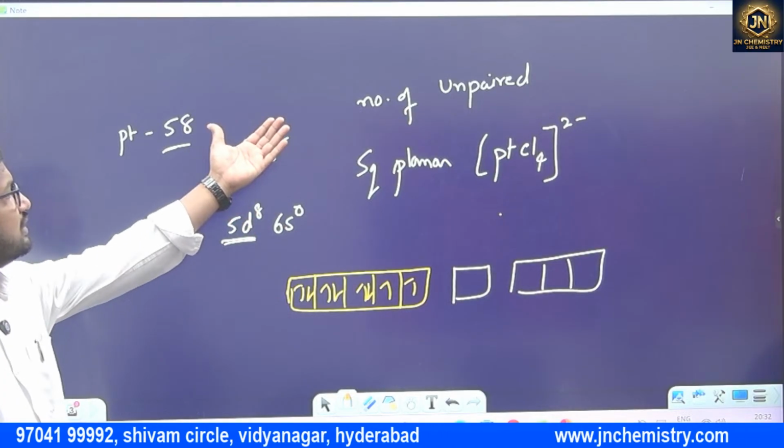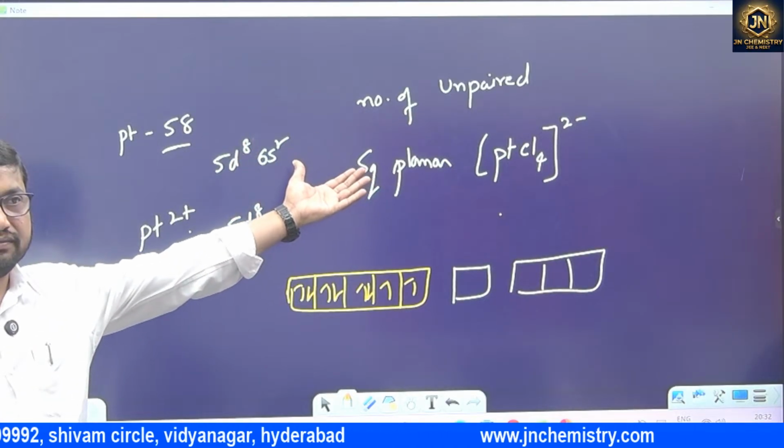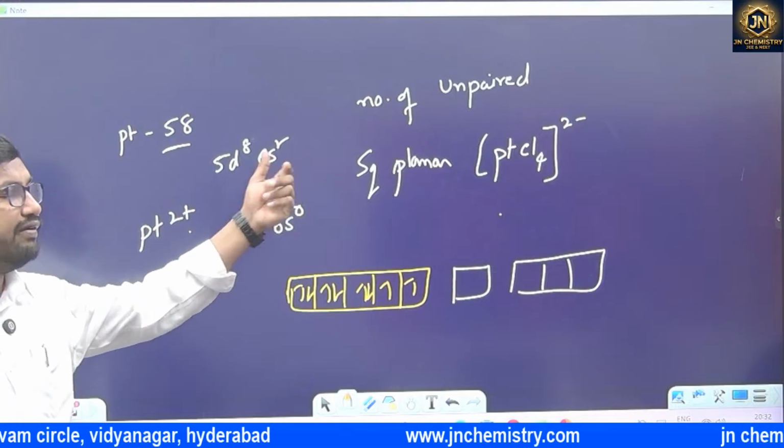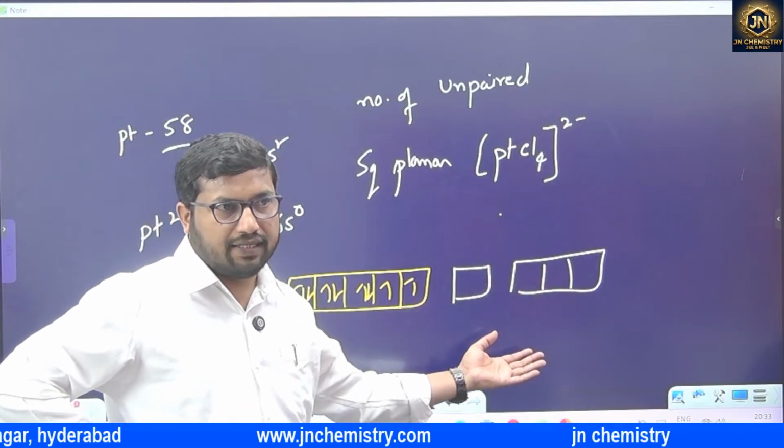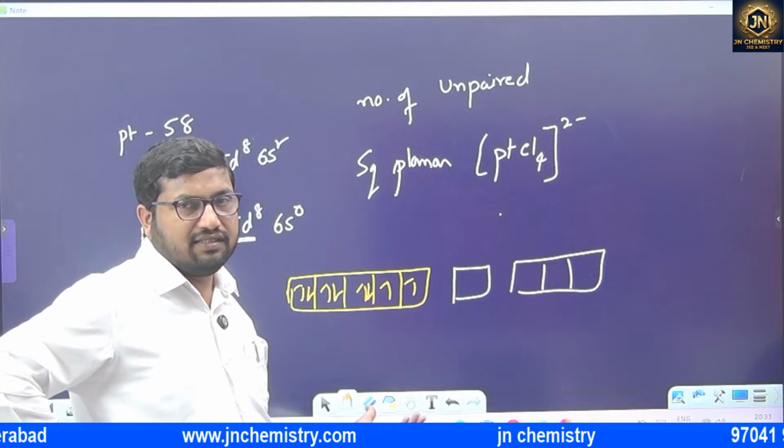But chlorine is which field ligand? Weak field ligand. Then it should be sp3 tetrahedral, but it is square planar.